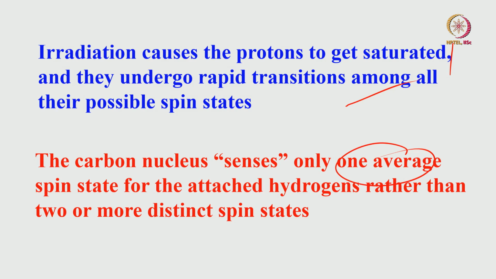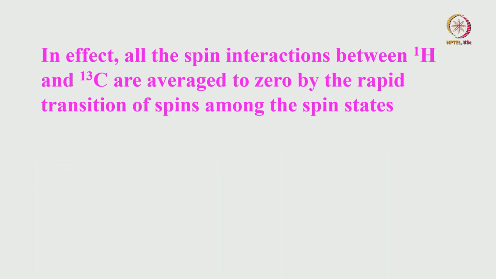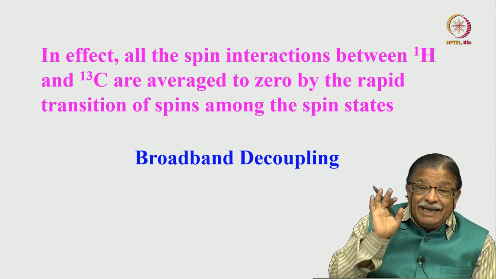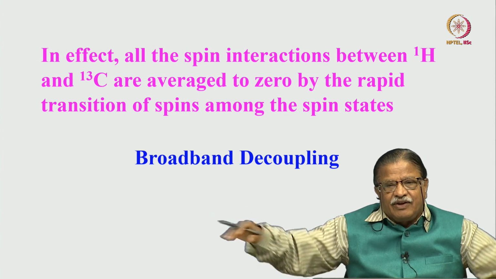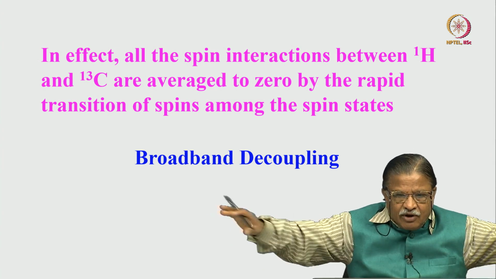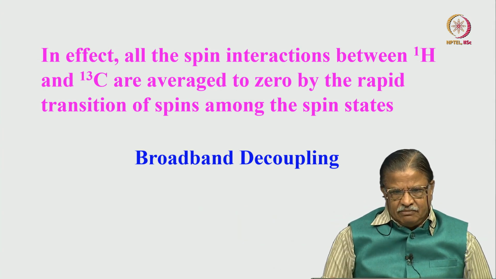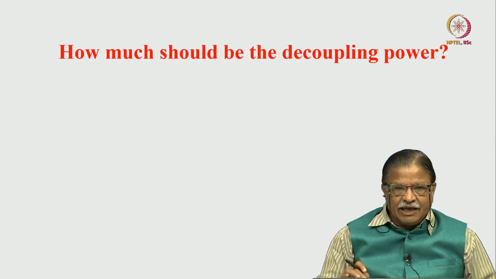There are n distinct spin states, it does not see all of them, it will see only the average. So in effect, all the spin interactions between carbon and proton are averaged to 0. This is because of rapid transition of spins among the spin states. This is what is called broadband decoupling. Broadband, because the couplings of all carbons over a broad range of frequencies will be broken.